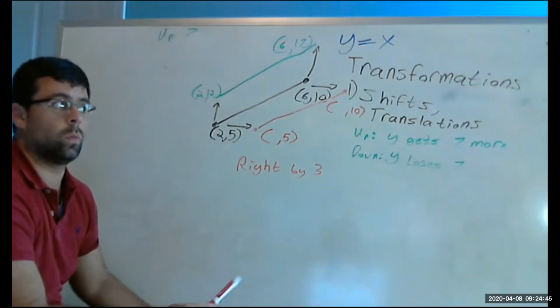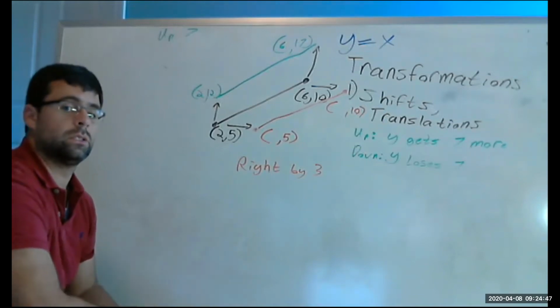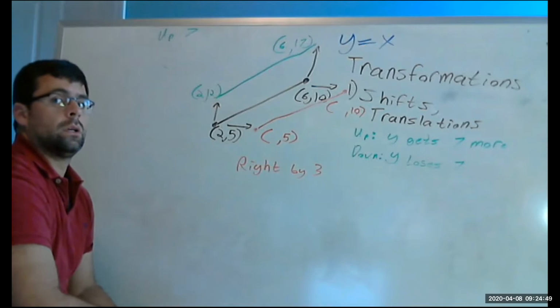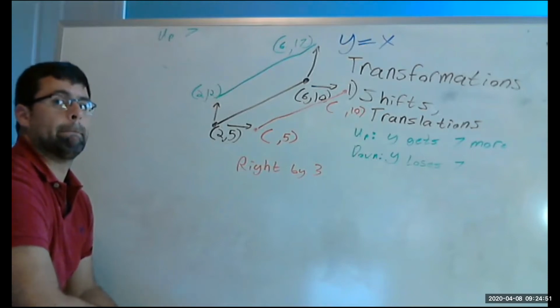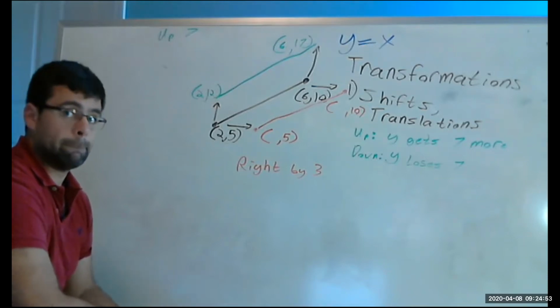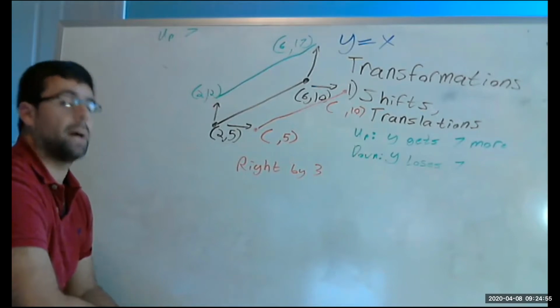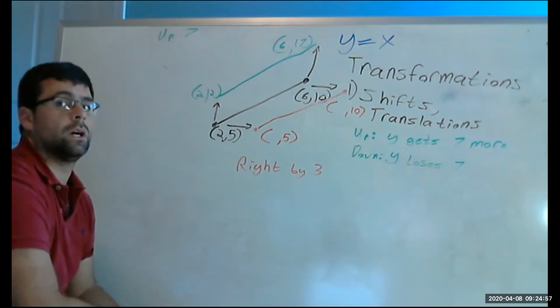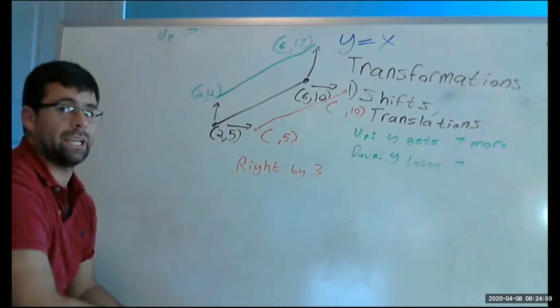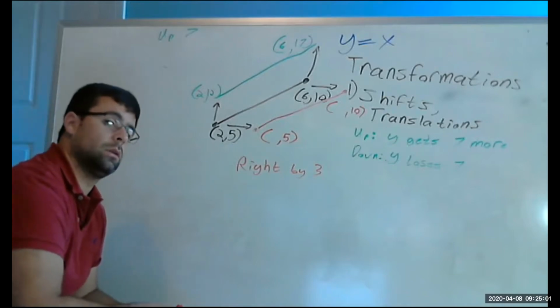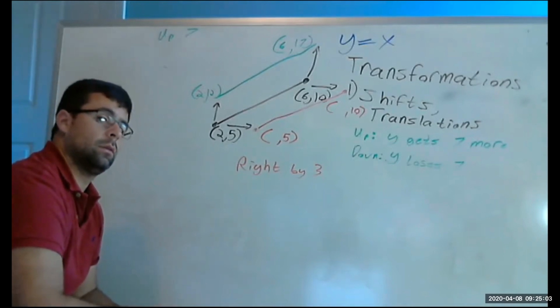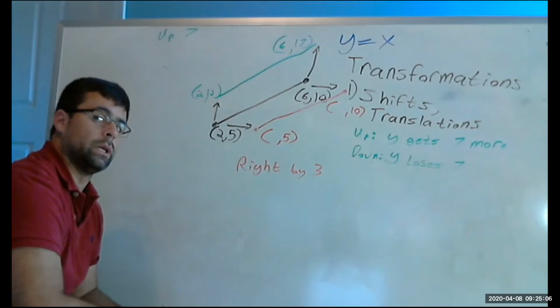Right is what direction for x? Positive. So the right is going to have 3 more for every point.